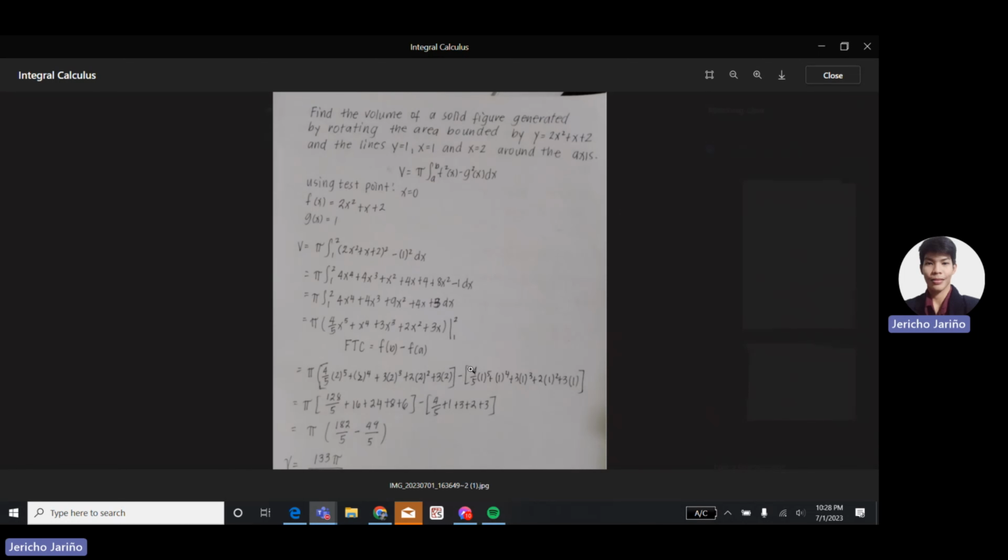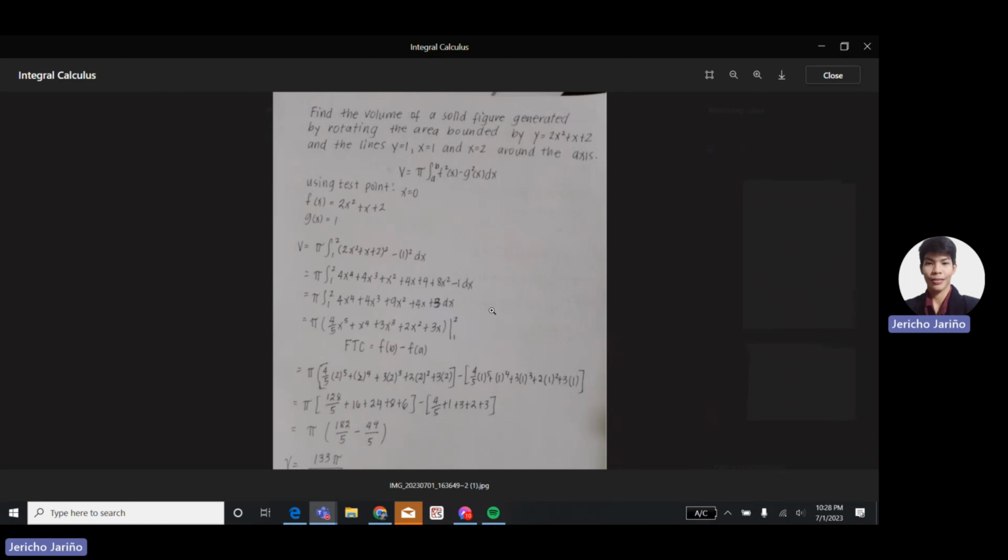By performing the calculations and operations inside, we get π times the quantity 128/5 + 16 + 24 + 8 + 6 minus the quantity 4/5 + 1 + 3 + 2 + 3. Then we get π multiplied by 182/5 − 49/5.